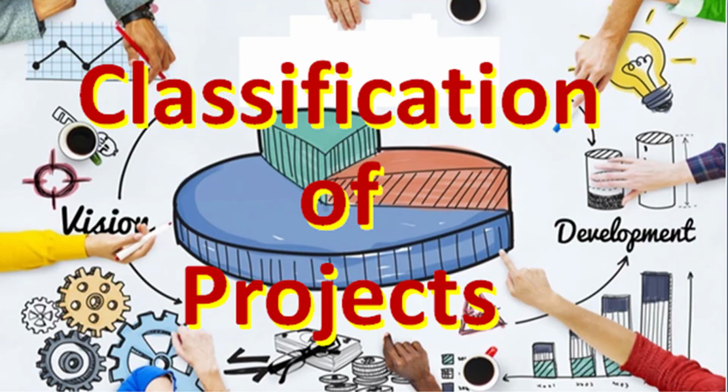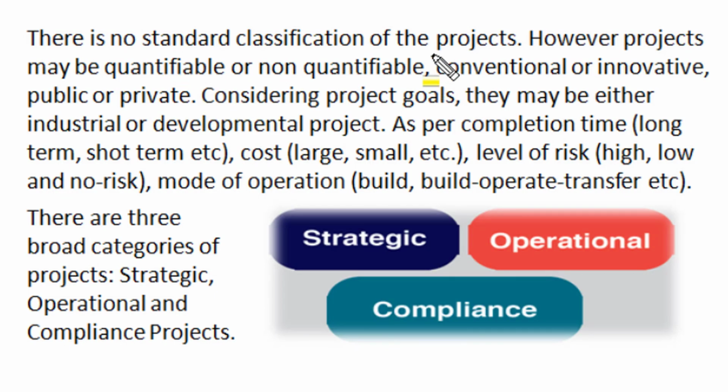Let's start. There is no standard classification of projects. However, we can classify projects as strategic project, operational projects or compliance nature projects. Project may be quantifiable or non-quantifiable. There may be conventional or innovative projects. There may be public sector project or private sector project.